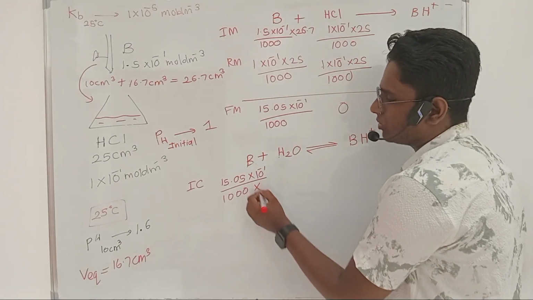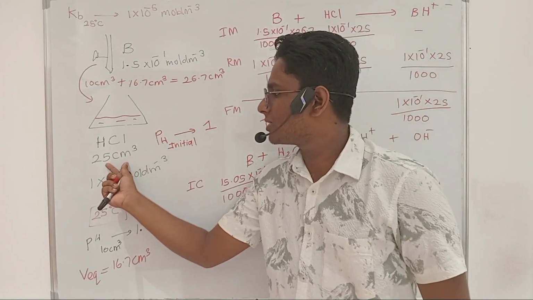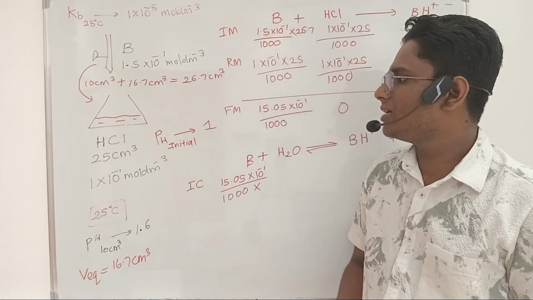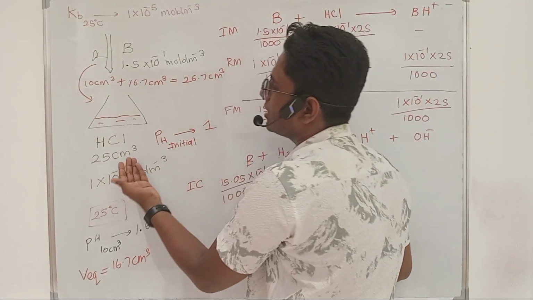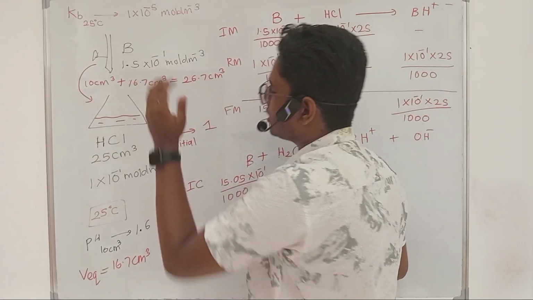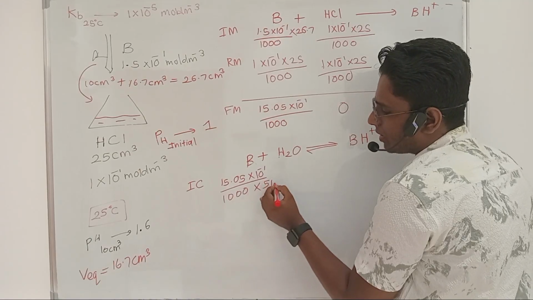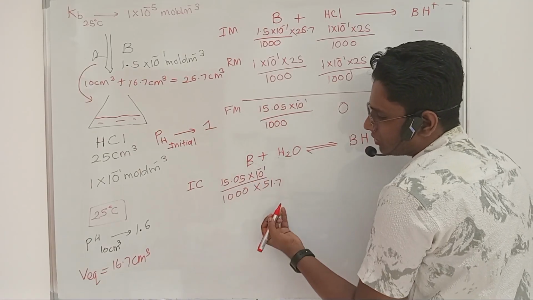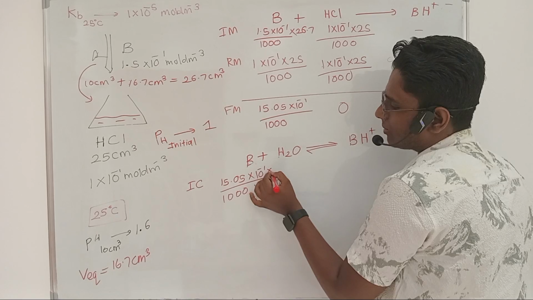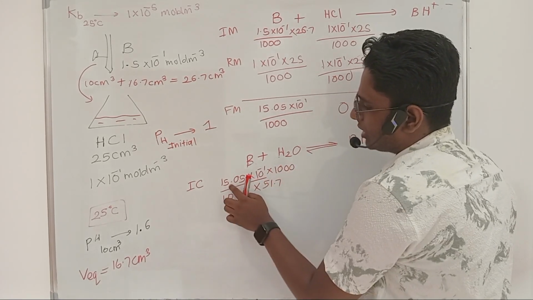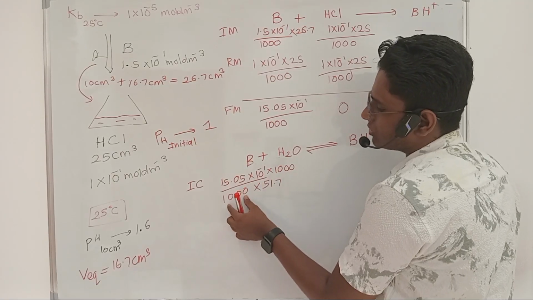What is the volume now? 25 was present initially and you added 26.7 centimeter cube of weak base, right? Now the solution volume is 26.7 plus 25, that is 51.7, and to convert into decimeter cube I am multiplying by 1000. I hope you understood, right? 15.05 into 10 to the power minus 1 over 1000 is the moles.